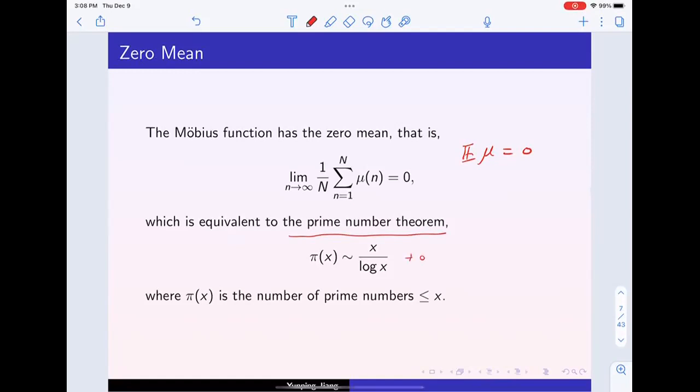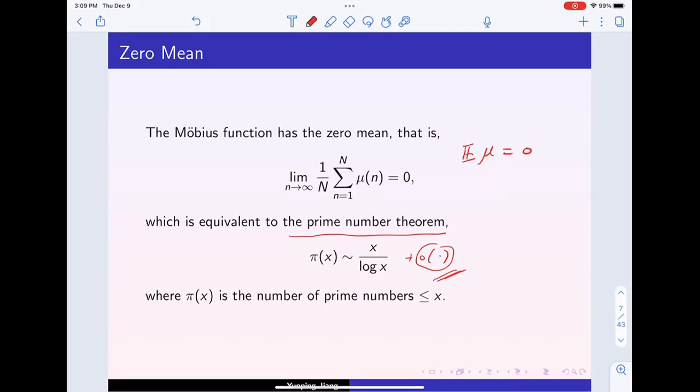But actually there is some error part, which is also interesting to study. In particular, in dynamical systems, when you count periodic orbits, you have a similar result, but you need to estimate this error part, right? So that is another important property about this Mobius function.